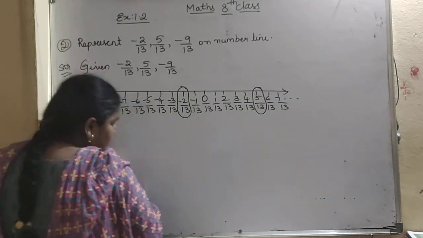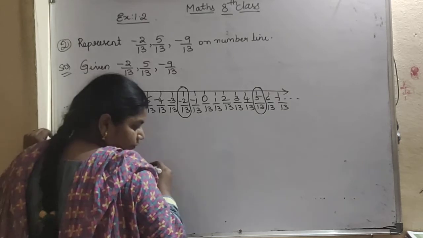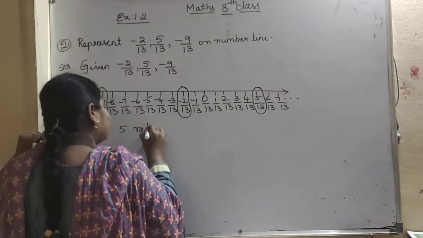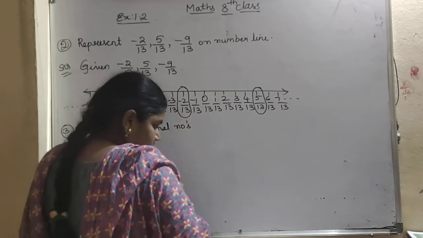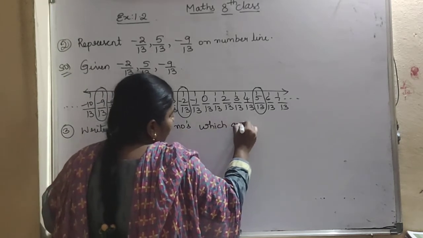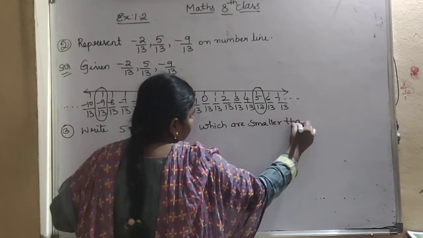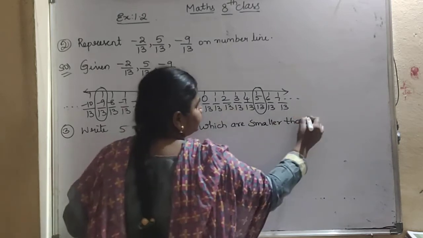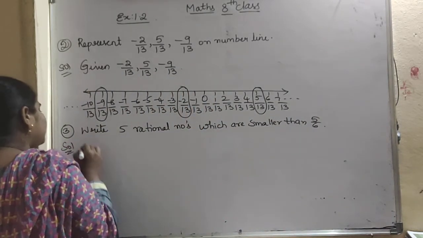So what is the question? Write 5 rational numbers which are smaller than 5 by 6. So what are the smaller values than 5 by 6?